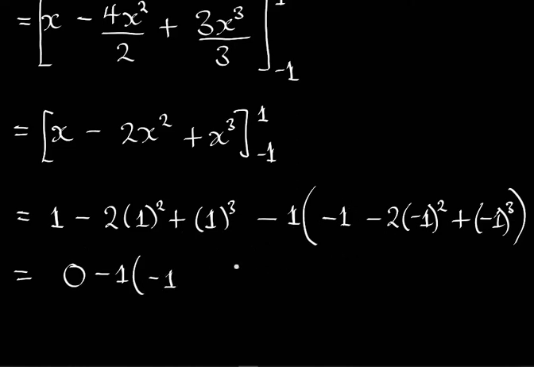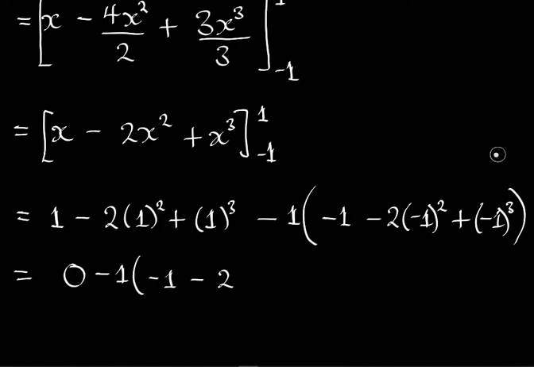Here it's better you just take your time and evaluate it very carefully. -1 times -1 is 1. So we have -2. Then here we have -1 multiplied by -1 multiplied by -1, which is going to give us -1.